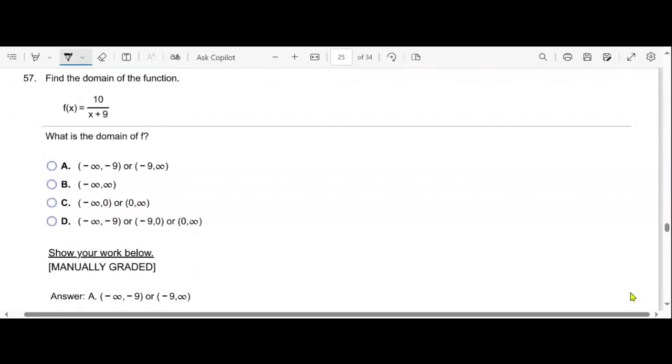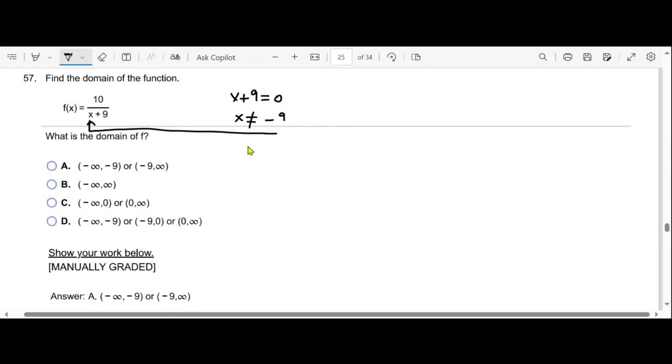Ahmed, read. Find the domain of the function. So how can I find the domain, Ahmed? So x equals what? Are you allowed to use -9 here? No. Why?